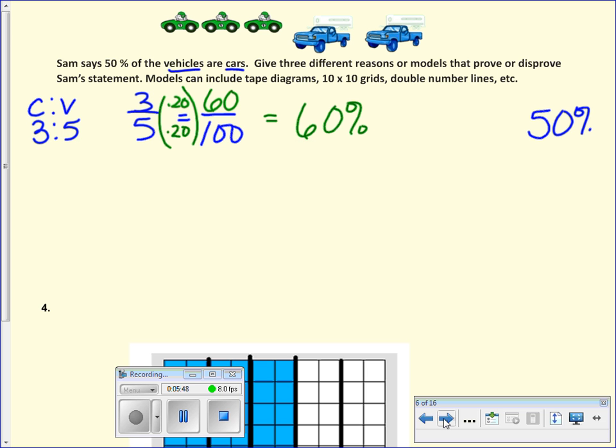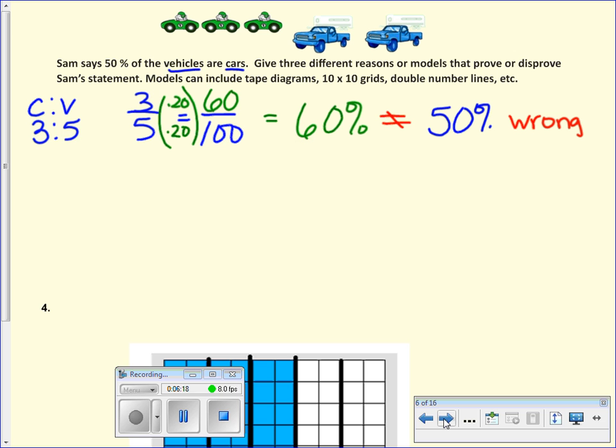So what percent of the vehicles are cars? 60%. Sam said it was 50. Is she correct? No. So those don't equal. So she's wrong, or he is wrong. I don't know if Sam is a boy or a girl. Doesn't matter.